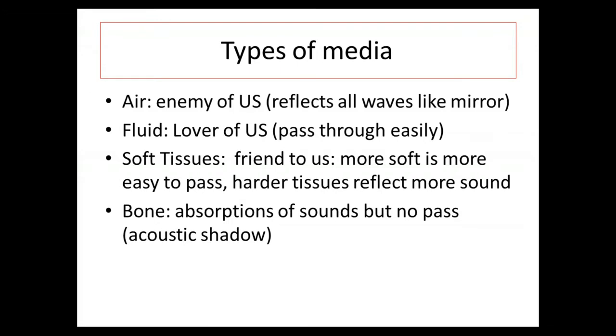Or fluid. Fluid is anechoic on ultrasound, and fluid lets ultrasound pass easily through it. Soft tissues, and more soft tissues also allow ultrasound to pass easily, and harder tissues will not allow ultrasound to pass as easily as soft tissues.